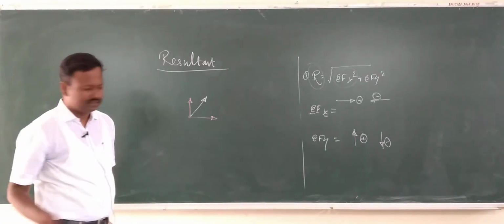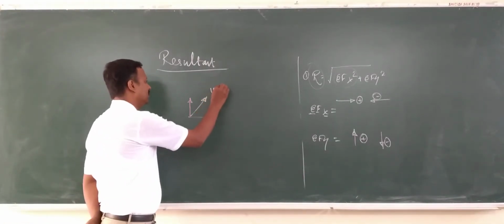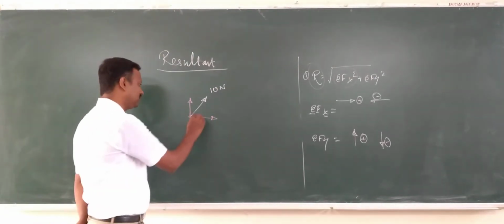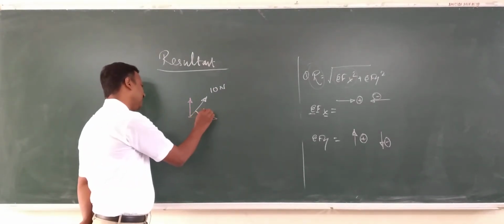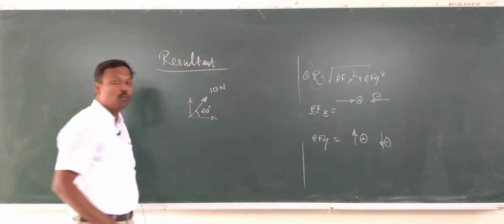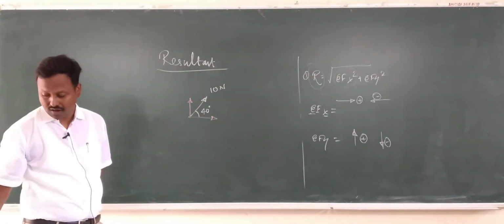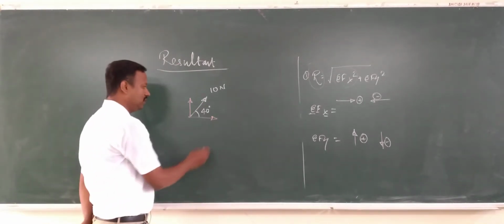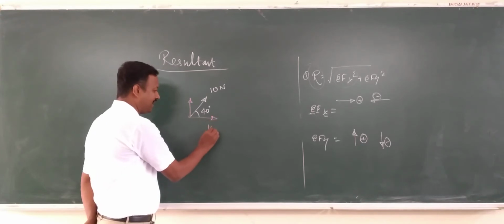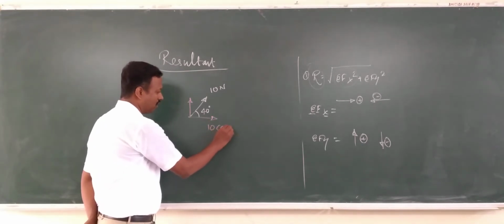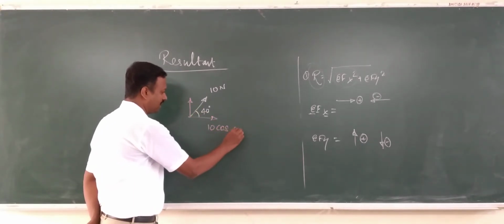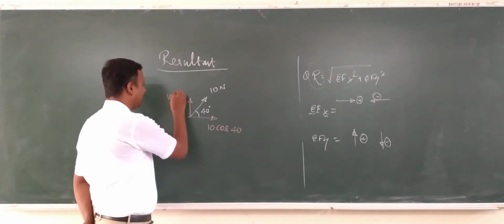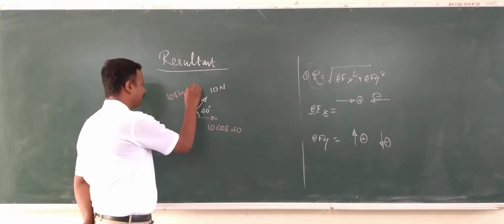Let's go for a simple example of this. Suppose this is a 10 Newton force acting at an angle of 40 degrees with respect to horizontal. What could be the components of this inclined force? The horizontal component you can treat as 10 cos 40, the angle with respect to horizontal, and the vertical component will become 10 sin 40.